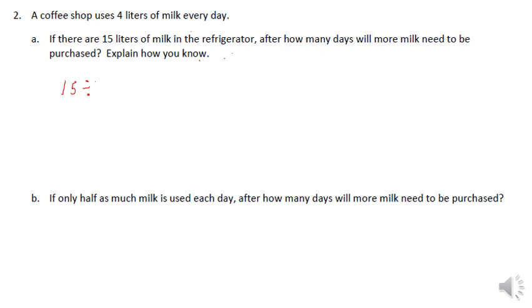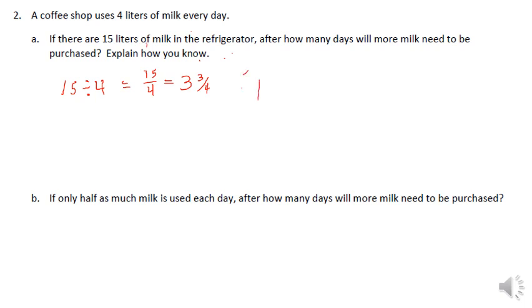So we know we're saying 15 liters divided by 4, because it's 4 liters per day, which we know that would be equal to 15/4, which we can convert into a mixed number because 4 will go into 15 3 times. That'd be 12, and there'd be 3 left over, so 3/4.